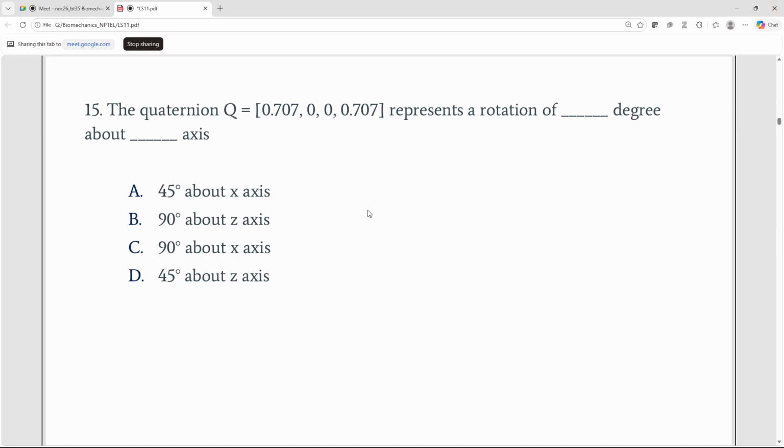So if you remember the previous formulation, Q is equal to cos theta by 2 plus Vx sin theta by 2 plus Vy sin theta by 2 plus Vz sin theta by 2. You can answer the question.